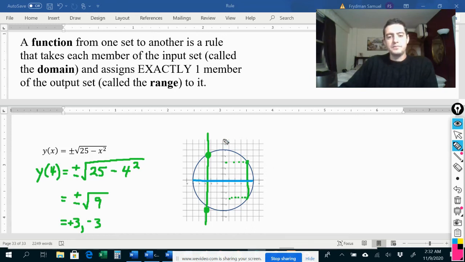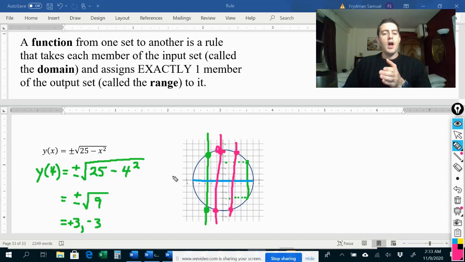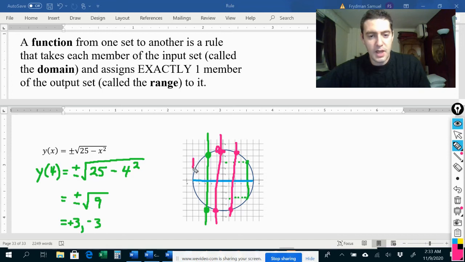So I could draw a vertical line over here, and I get 2 intersections. I could draw a vertical line over here, and I get 2 intersections. So you see, within the domain that I chose, I never have an input that has 0 outputs. I do have some inputs that have 1 output. So for example, if I choose my input to be exactly -5, then I would have exactly 1 output.